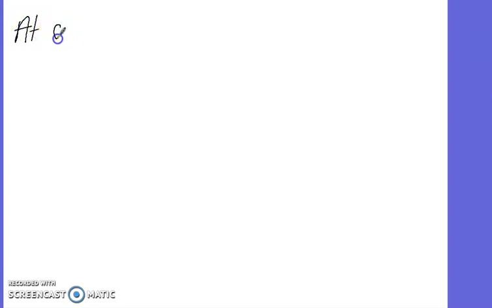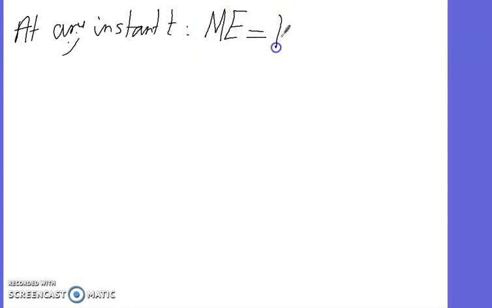At any instant t, you know that mechanical energy of the system, which is the pendulum here, is equal to the kinetic energy plus gravitational potential energy plus elastic potential energy. You know this, right? Now let's go back to our pendulum.